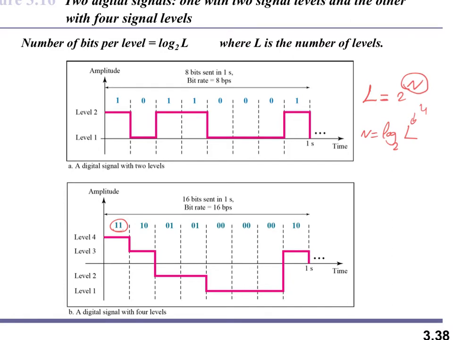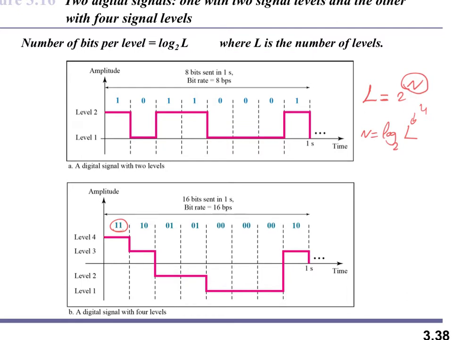So in other words, we can increase the number of bits per second, or what we call the bit rate, by having multiple signal levels. So the bottom signal has a higher bit rate compared to the upper signal here, because we are using multiple signal levels.